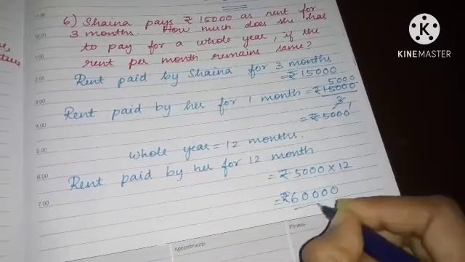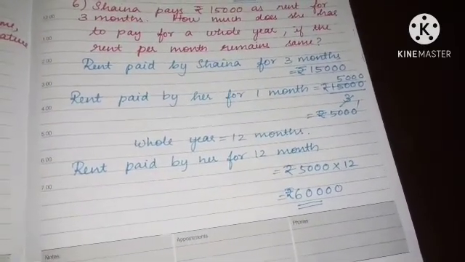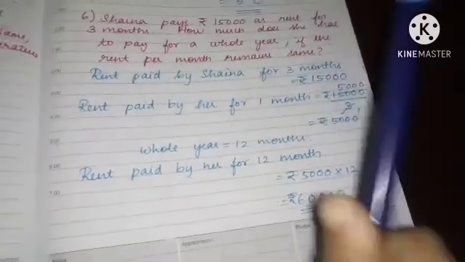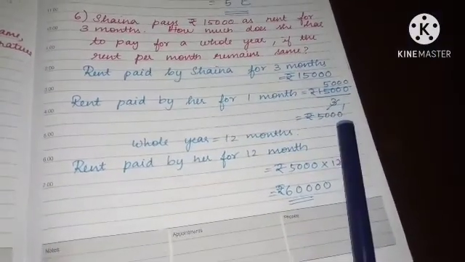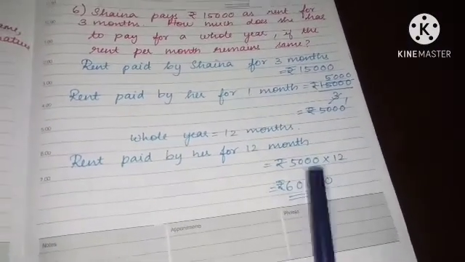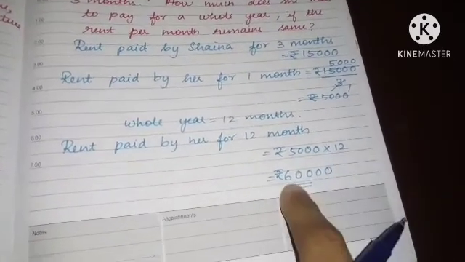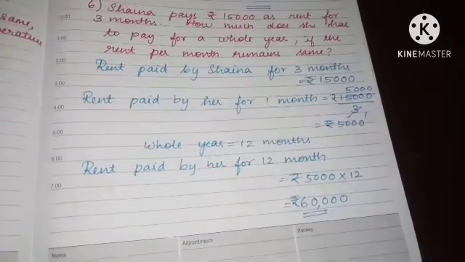So rupees 60,000 is paid by her for 12 months. For 3 months it is 15,000. For 1 month it is 5,000. For 12 months, 5,000 into 12, you will get 60,000.